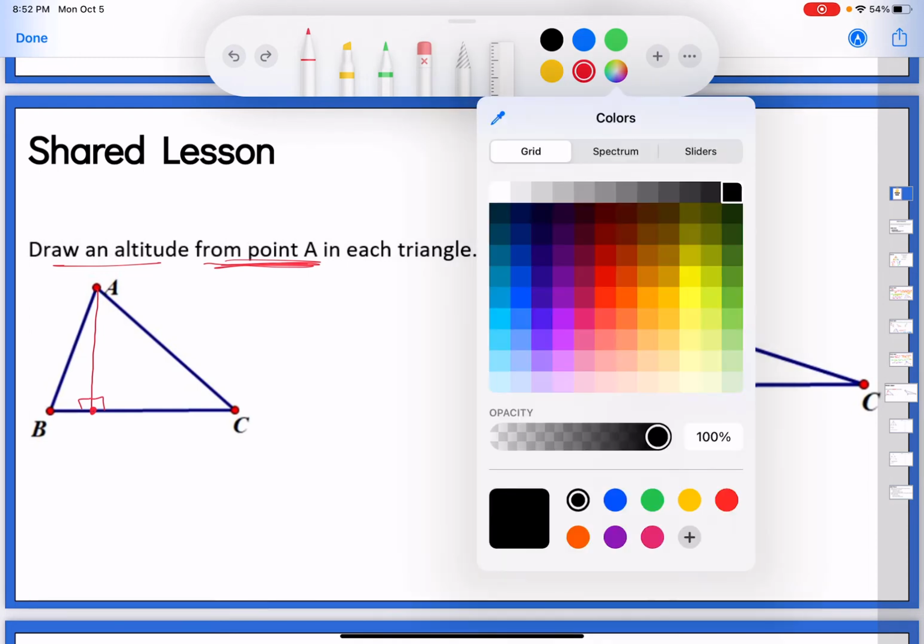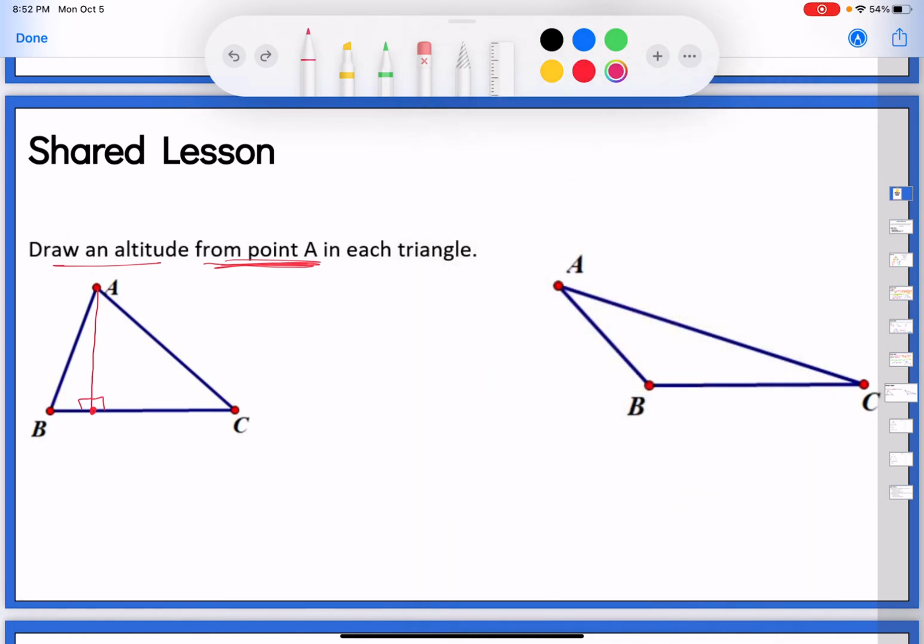Now, the second one is the tricky one. It has to come from point A. The opposite side from point A is BC. I have to go from A and be perpendicular to BC. Well, the only way for that to happen is for this segment to be landing way out here, right? This is where it's going to make a right angle.